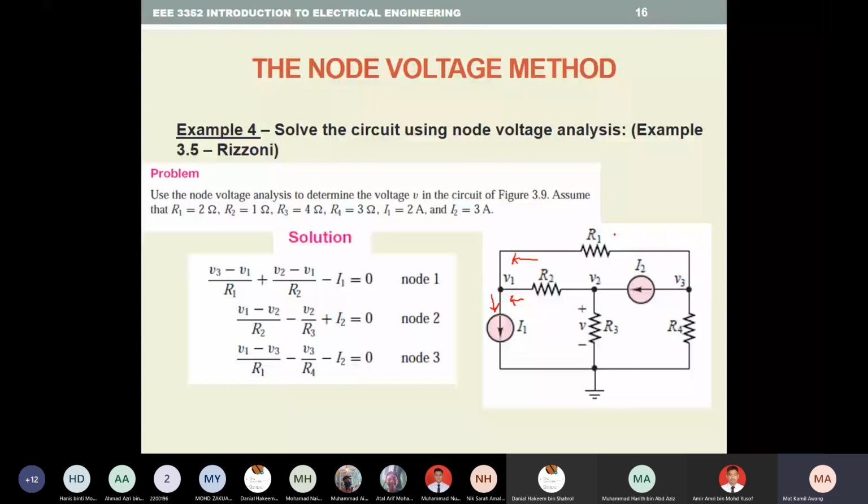So for this one, this is plus, this is minus, this is plus, this is minus. So the equation is V3 minus V1 divided by R1 plus V2 minus V1 divided by R2, and going out is I1, equal to 0. So this is the equation at this node.